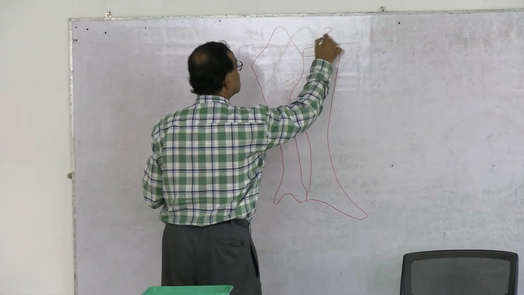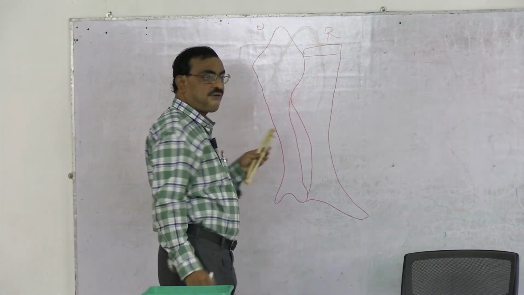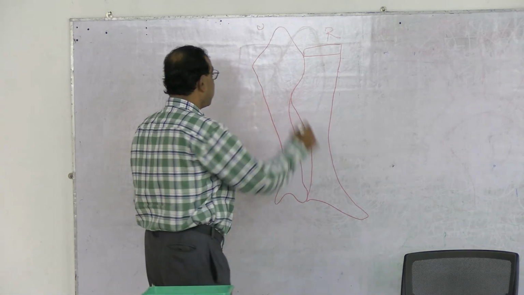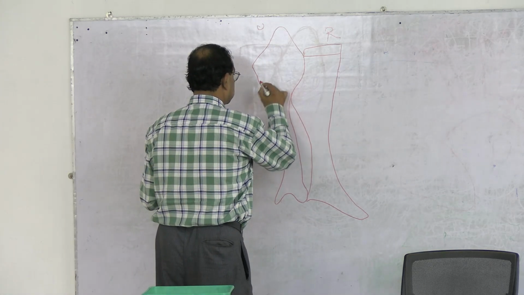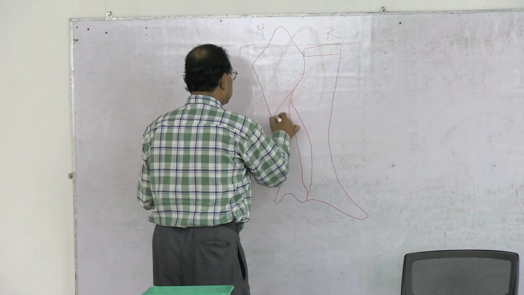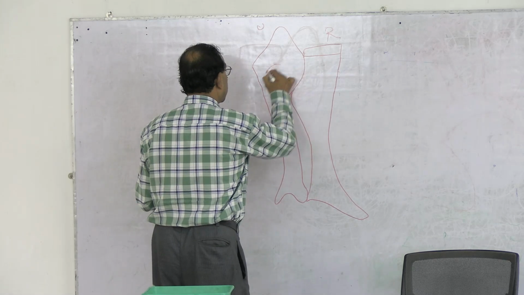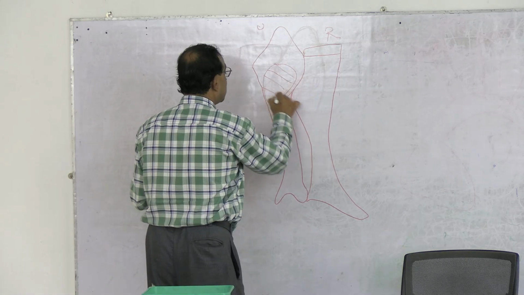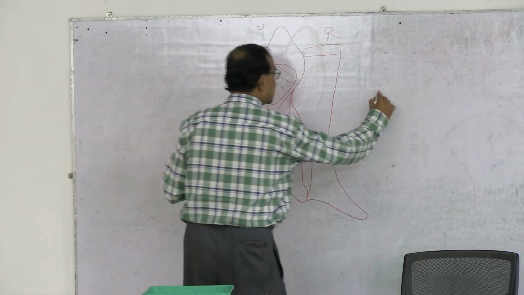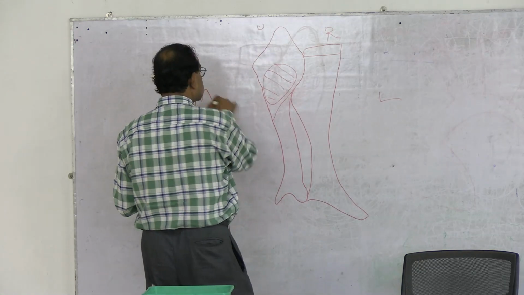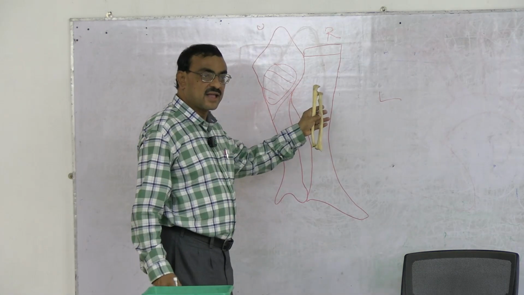This is radius, this is ulna. So it is divided into the upper oval area, this is for anconeus. Okay, this is lateral side, this is medial side.